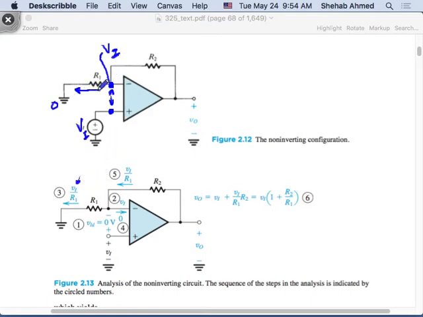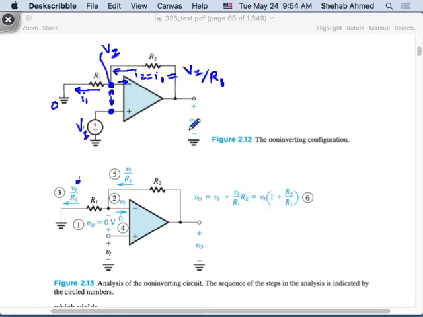We have the same assumption of infinite input impedance for the ideal amplifier, meaning no current flows into or out of the op-amp, for any practical purposes. What does this mean? It means that this current I1 is coming from this branch and flows through this branch as well. So I2 is equal to I1, which is equal to VI over R1. This current here is the same as this current here.